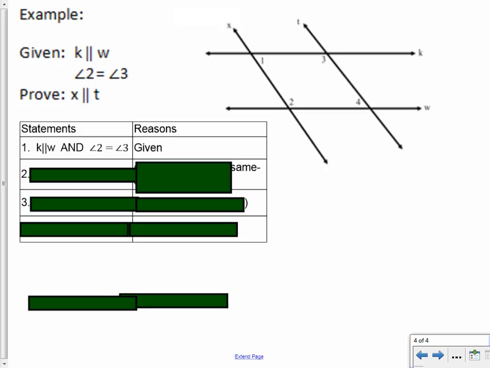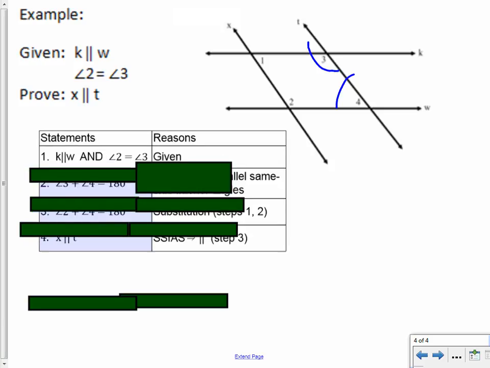Okay, our next statement. If K and W are going to be parallel to each other, that implies that angle 3 plus angle 4, because they're same side interior angles, have to be supplementary. Because we know for sure that K and W are parallel, they have to be supplementary.